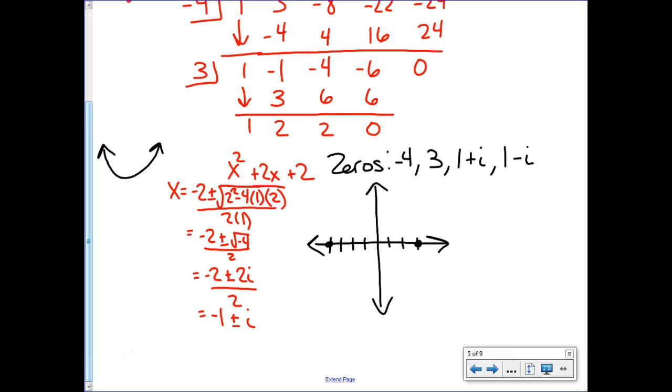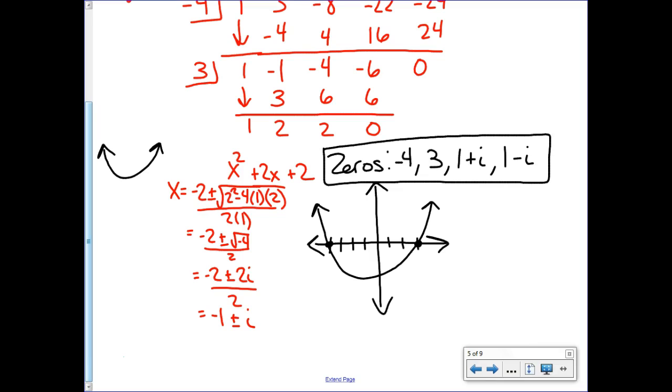And neither one has a multiplicity of an even number, so it just looks like this. So there's all the real zeros. There's my graph and what it looks like. And we are done there.